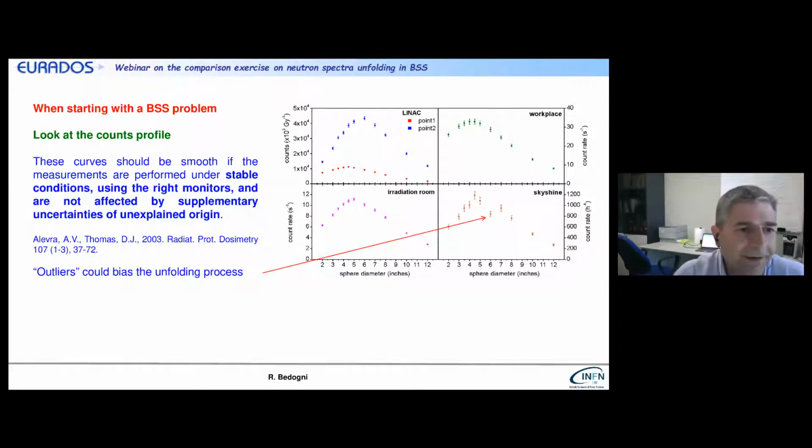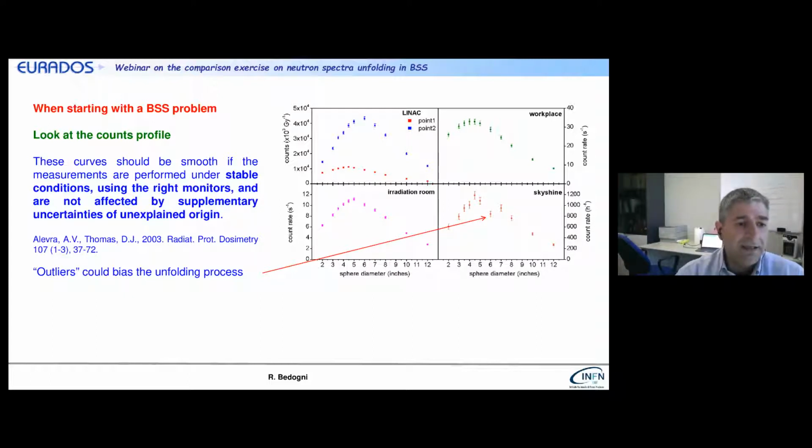So when starting with the Bonner sphere problem, the user should always look at the counts profile. There are codes that put the plot profile in a place where you can continuously look at it and see whether there are strange features. The experimental count profile should obey some common sense rule. Common sense, if you think of how the response functions of the spheres are, the shape of the response function of the different Bonner spheres are continuous functions.